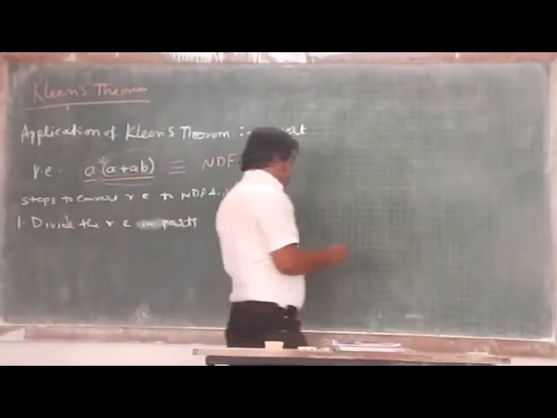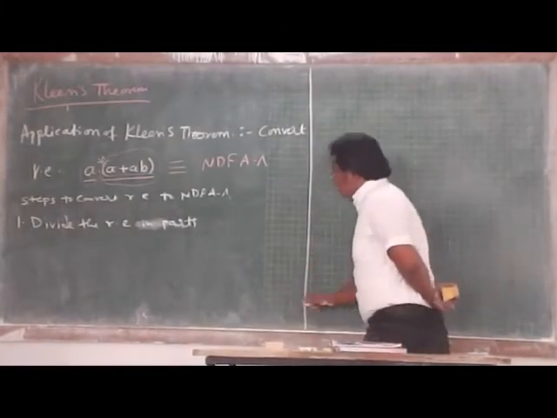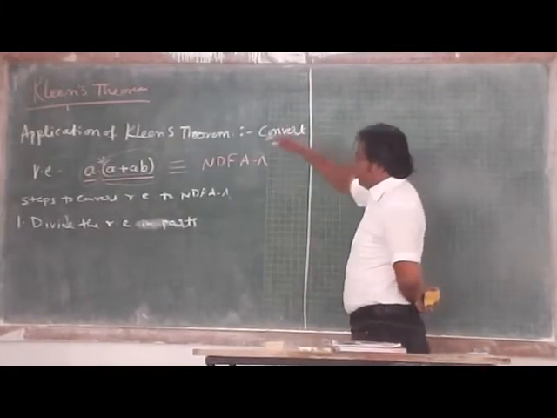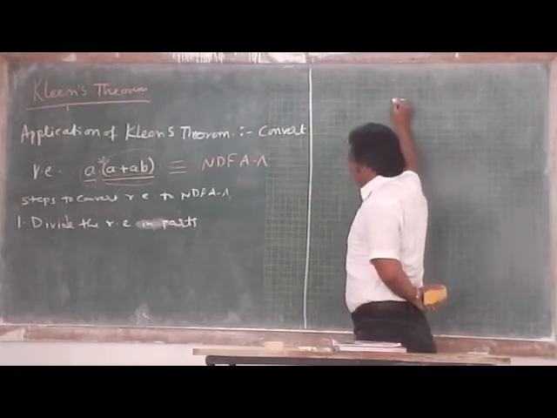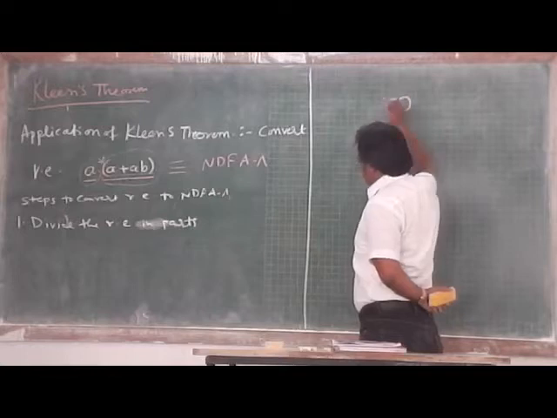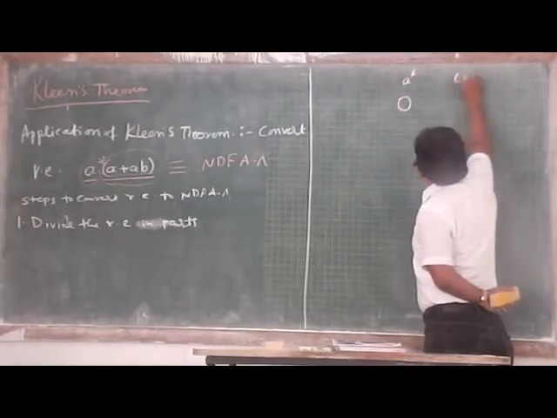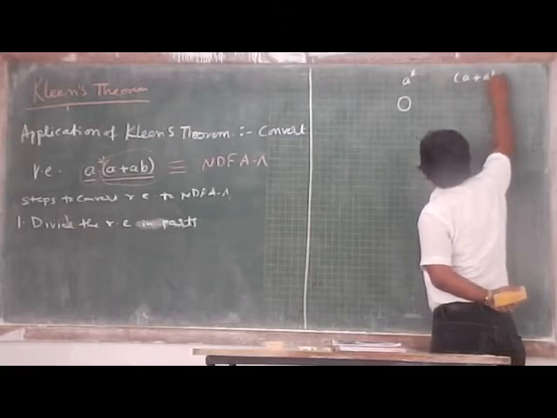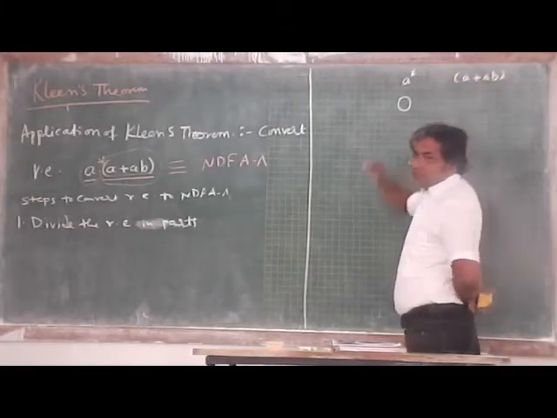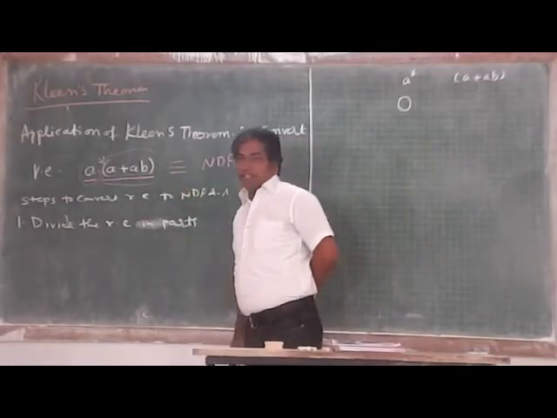Parallelly I will do it at this side of the board. First of all, for A star and A plus AB, these are the two parts I have for this regular expression.